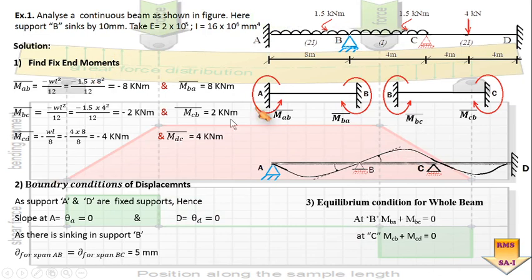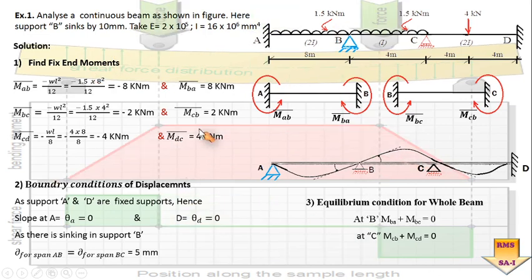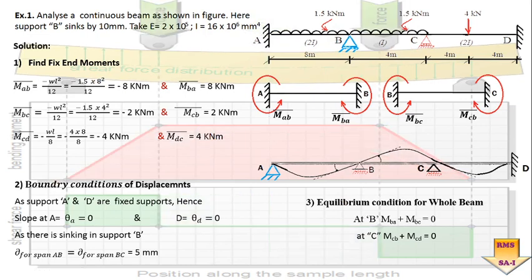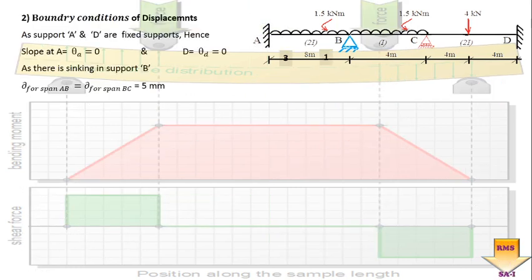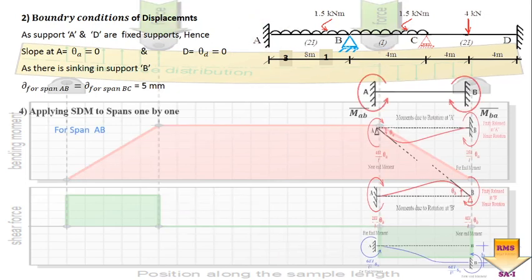These are the presets required for analyzing this continuous beam by the slope deflection method. Let us move ahead with the further analysis. Here I have enumerated the various boundary conditions.